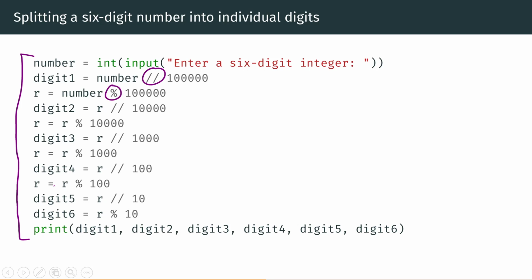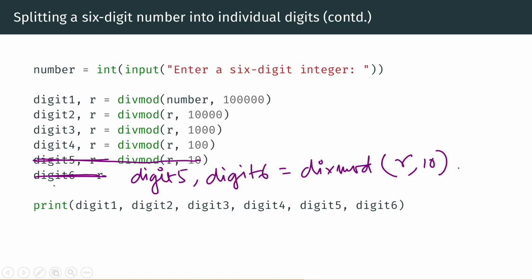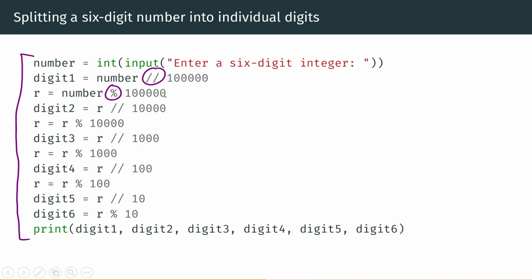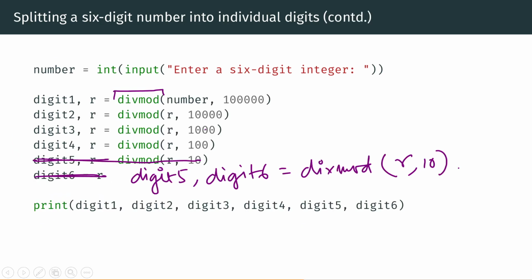It looks a bit messy, so I would prefer the divmod function, because I would assume that if you can use the divmod function properly, you know what's happening here as well. So that's how you get the individual digits in a 6-digit number, without converting it into a string.